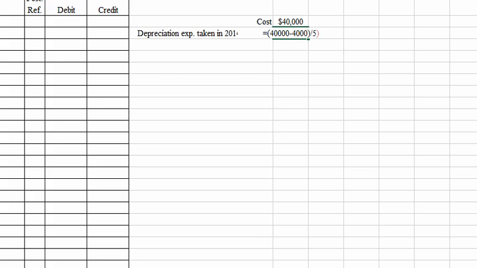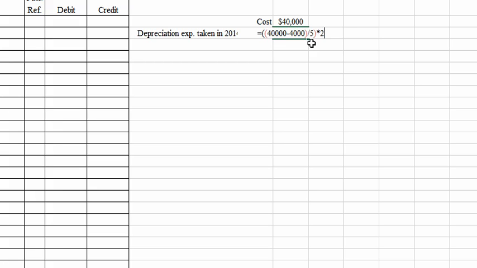Now if we just entered that amount, that would give us depreciation expense for 1 year. But we want depreciation expense for 2014 and 15 combined, so I'm going to multiply that by 2. So all that is our cost minus residual value divided by the useful life in years.